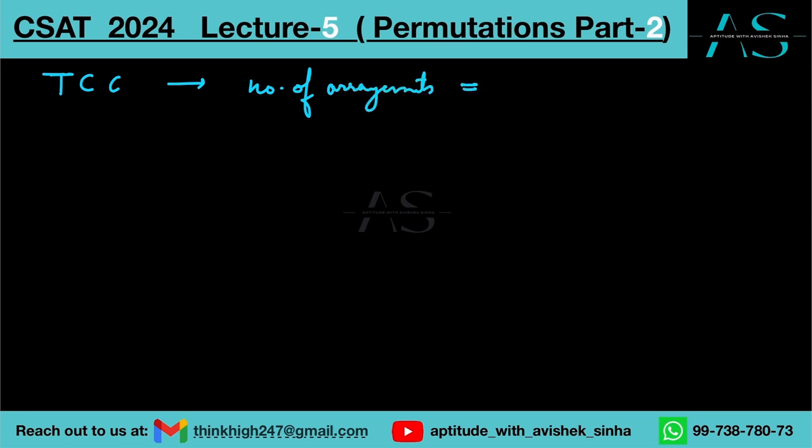If all 3 were different, the answer would have been 3 factorial, which is 6 arrangements. But if you look closely, C is repeating. C is the same, alike elements. So the answer is not 6 arrangements. What should be the correct answer then?